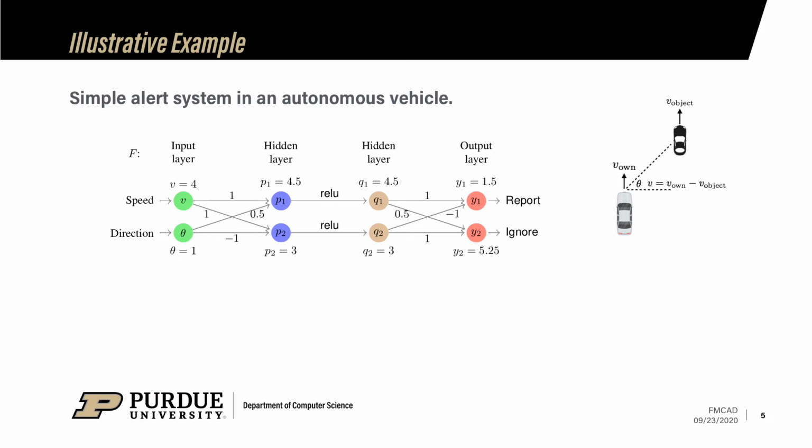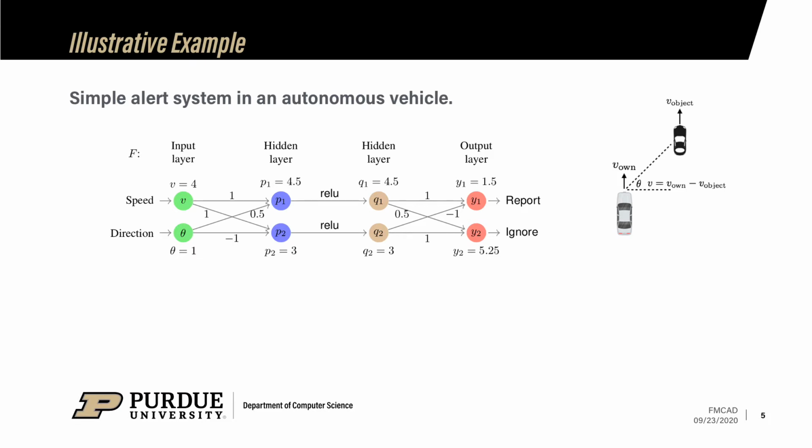It takes as input a feature vector of size 2, where the first is the variable v representing the relative speed of the other vehicle compared to the own vehicle. The second is the variable theta, which represents the relative direction of the other vehicle to the current vehicle. The network applies ReLU activation functions.